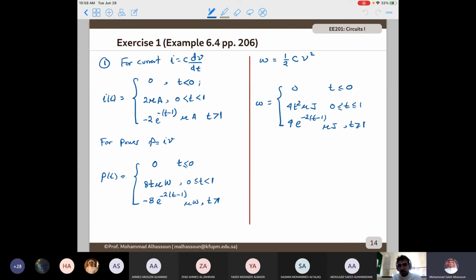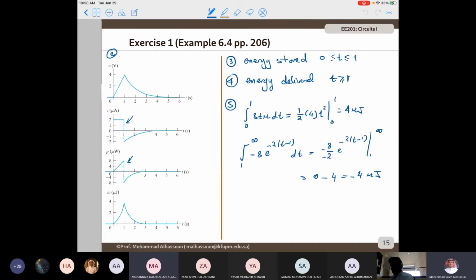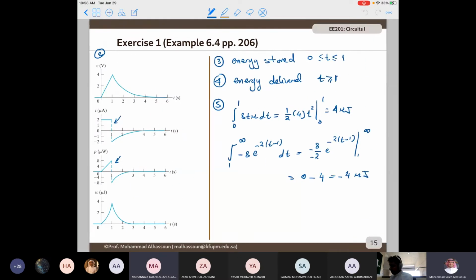So, Doctor, in part 5, can we just directly substitute in the equation of the energy that we already found, since the integration of the power equals the energy?